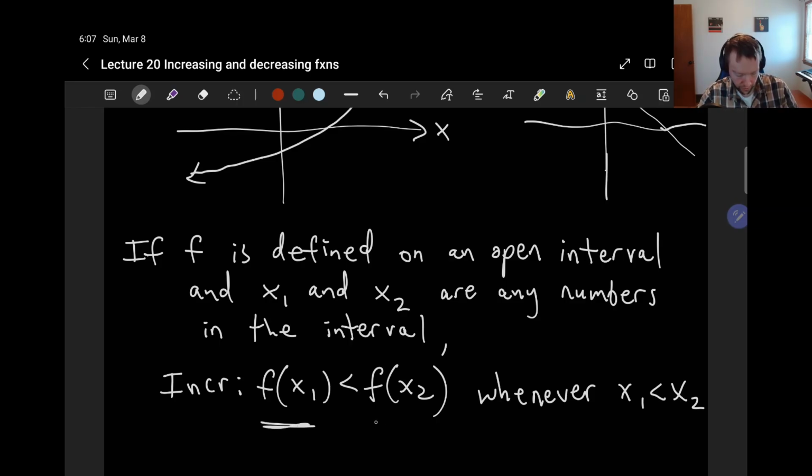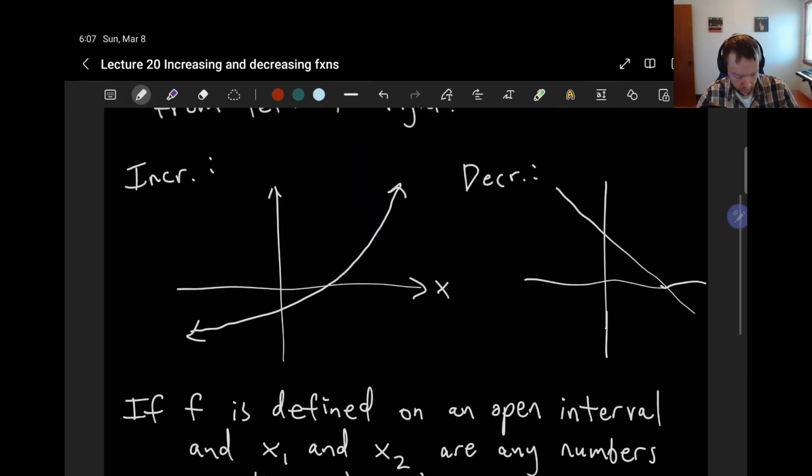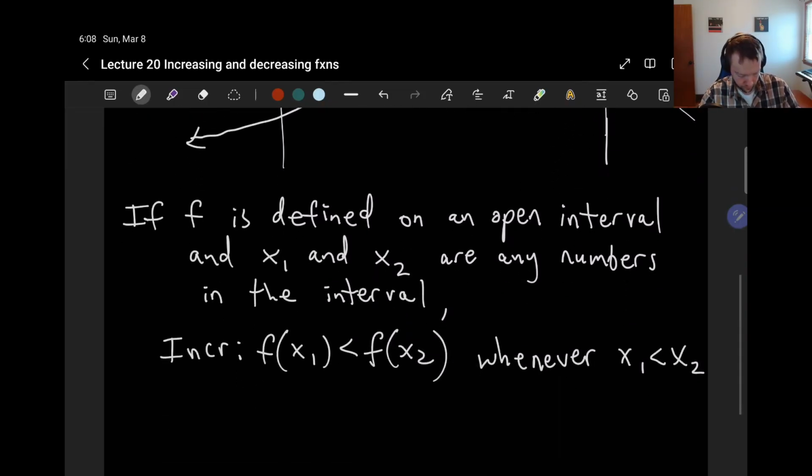And if the y values follow the same pattern, if f of x2 is the bigger number than f of x1, then that means that if we have a greater y value, we've been going up. So that's increasing. And decreasing is the opposite.